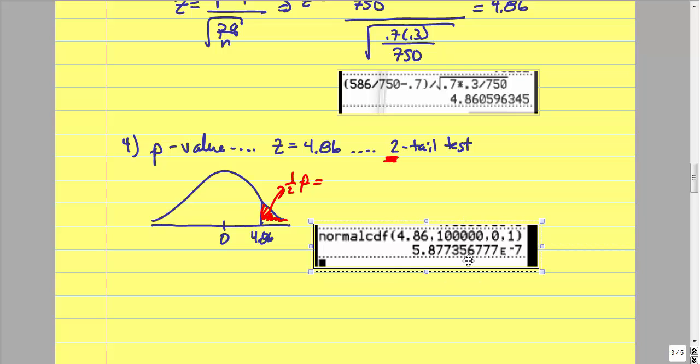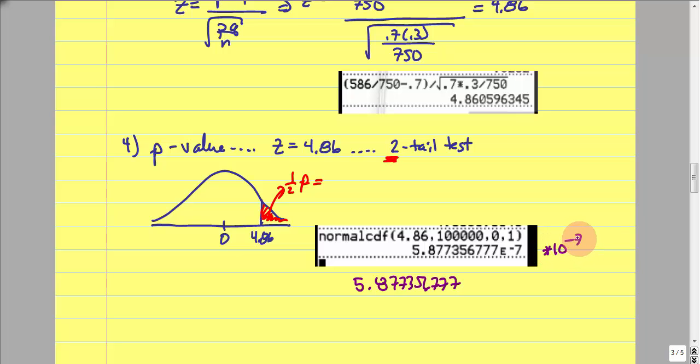So this is 5.8773567777, and this means times 10 to the negative 7. Starting at this decimal, I would move it 7 places to the right. There's 1, 2, 3, 4, 5, 6, 7, and then all of these are zeros. If I were to talk about my p-value, this is my p-value. It's very, very small.